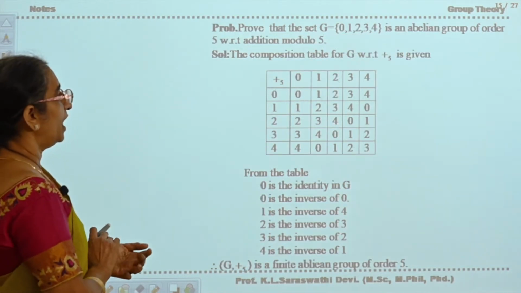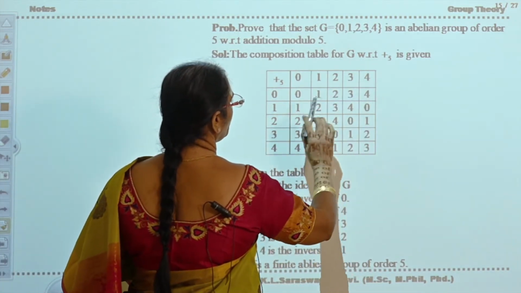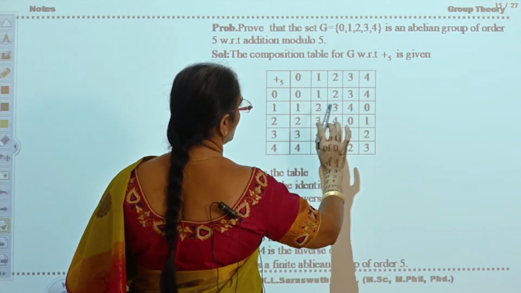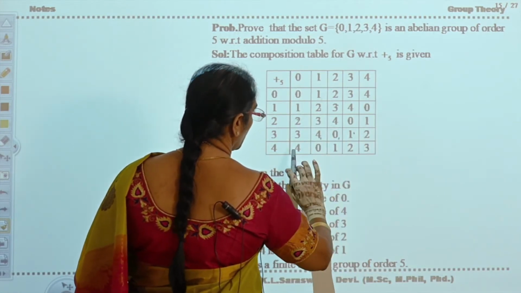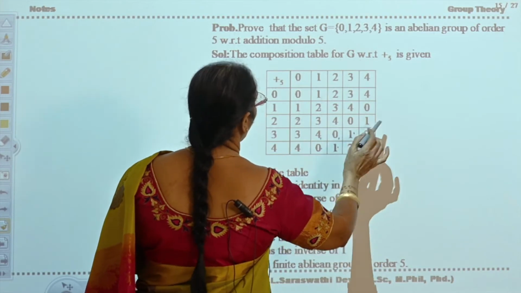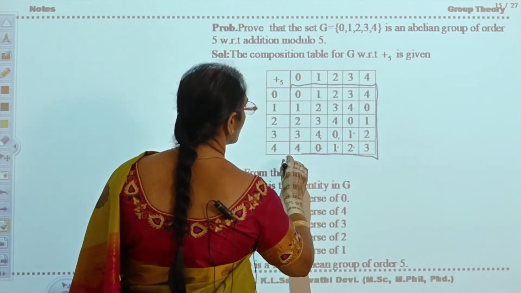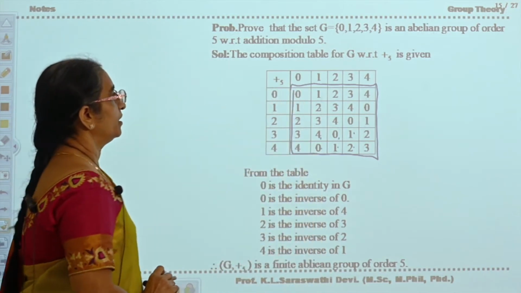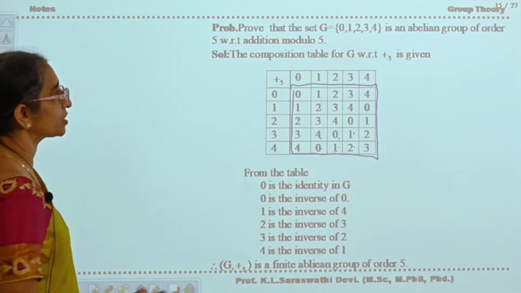Now see, observe the table. All the entries: 0, 1, 2, 3, 4, 1, 2, 3, 4, 0, 2, 3, 4, 0, 1, 3, 4, 0, 1, 2, 4, 0, 1, 2, 3. All the entries of the body, this is called the body of the table. If you observe the body of the table, all the entries belong to the set.